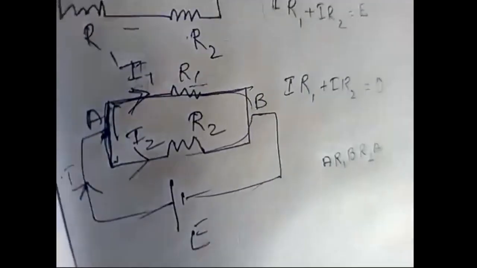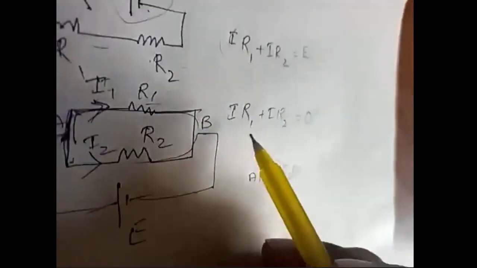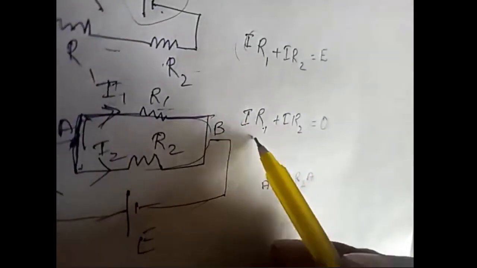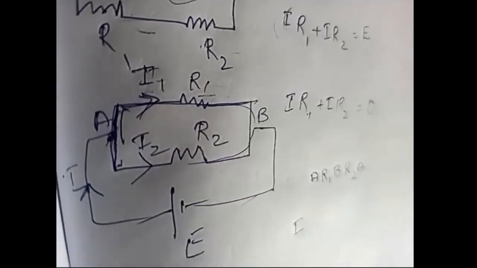In this loop, what is the algebraic sum of the product of current and resistance? We are starting from A. If the direction of the loop we are taking is in the direction of the current, then it is positive.